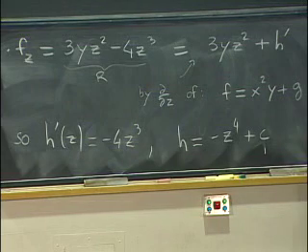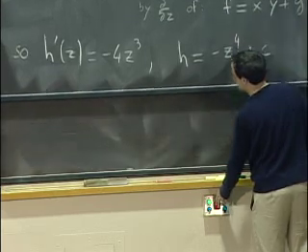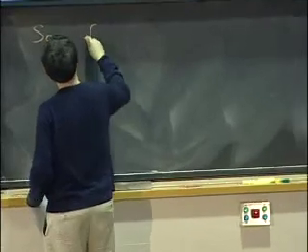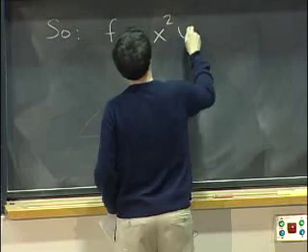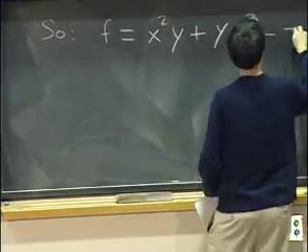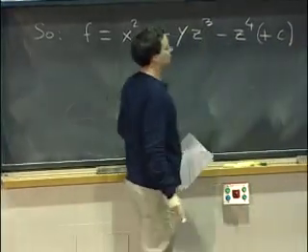So now we plug this into what we had before, and that will give us our function f. So we get that f is x squared y plus yz cubed minus z to the 4 plus constant.